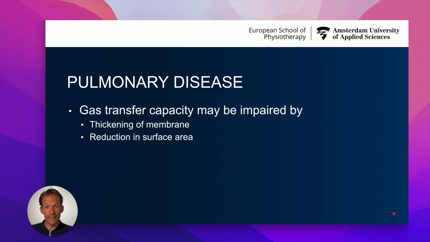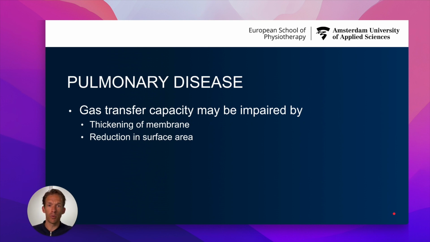So if you look at the abnormal situation, then you can see that sometimes the actual gas exchange and the diffusion is impaired. And that could be caused, for example, by a thicker membrane. In the earlier videos, I showed you that the membrane is usually very, very thin, but in some pathologies, for example, that membrane can be thickened, which will cause an extra barrier for the gas molecules for diffusion.